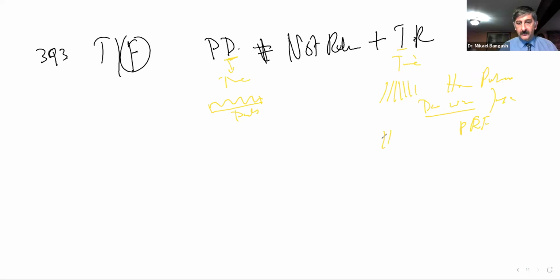Or we can also put it this way: how much time is there between pulse and pulse? That becomes your PRP. So your PRP or PRF will be related to your temporal resolution, but not your pulse duration.